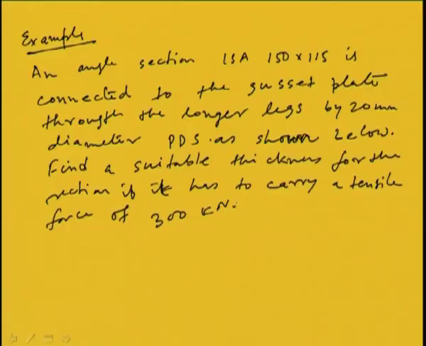Now before going to an example of design of tension member, I will go through another example through which the strength of the member will be calculated. So this is the question. Basically this is one sort of design also. An angle section ISA 150 by 115 is connected to the gusset plate through the longer legs by 20 mm diameter power driven shop rivets as shown below.